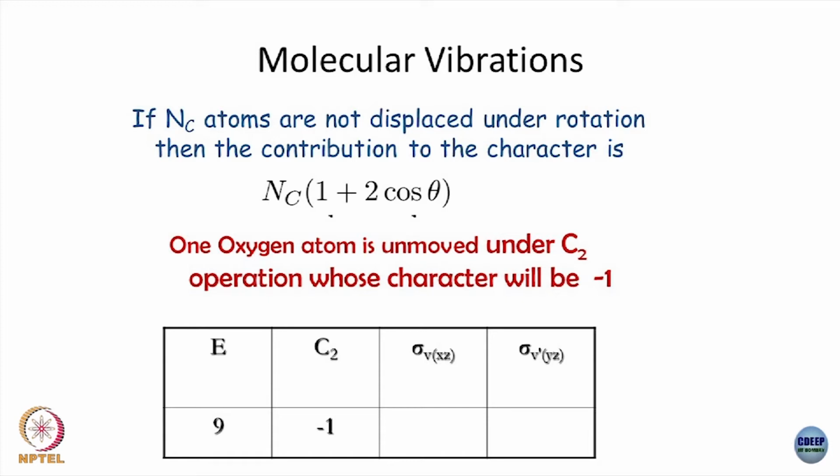Okay. I am not writing the matrix representation, I am just directly writing the character for the reducible representation of the molecular motion. I am not even writing the matrix form. Is that clear? So, let us do the same thing for the other two elements also.